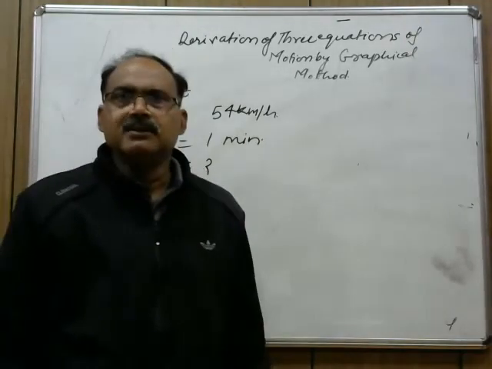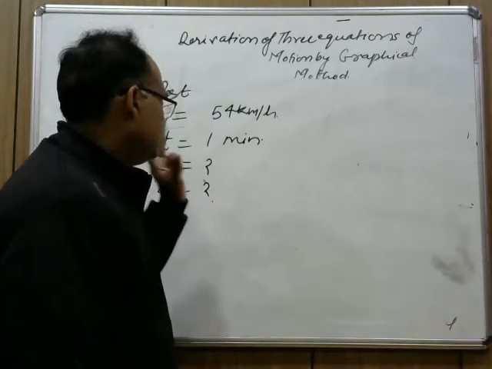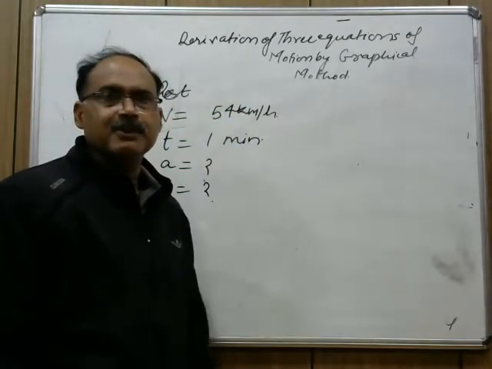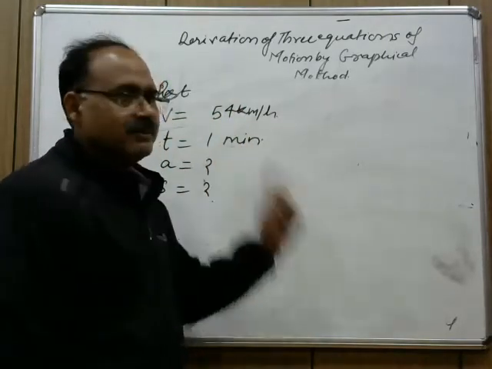Now I have taken different types of data. Means here speed is given in kilometer per hour and time is given in minute.